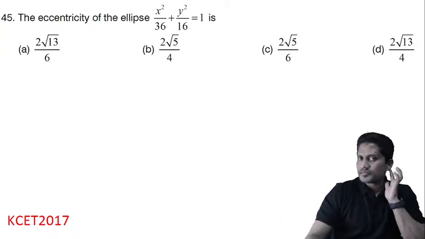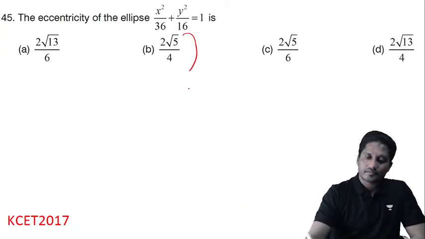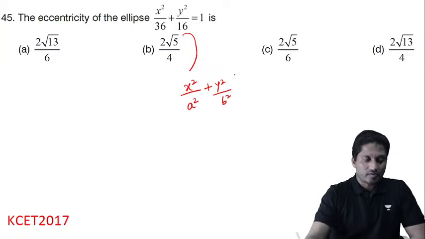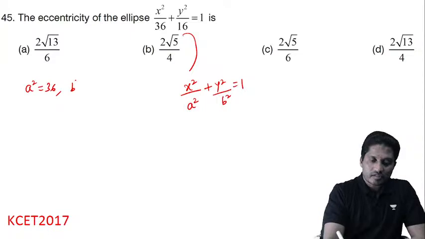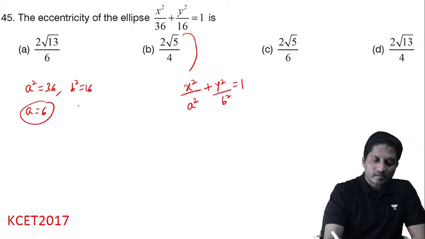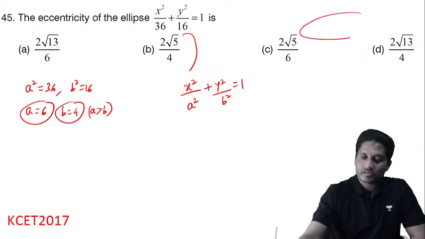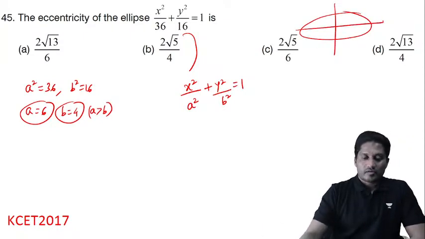The eccentricity of the ellipse is, this is of the form x square by a square plus y square by b square is equal to 1. If I compare, you will get a square is 36, right? And b square is equal to 16. a is equal to 6, b is equal to 4. a is greater than b, which means obviously you get a horizontal ellipse. Right?